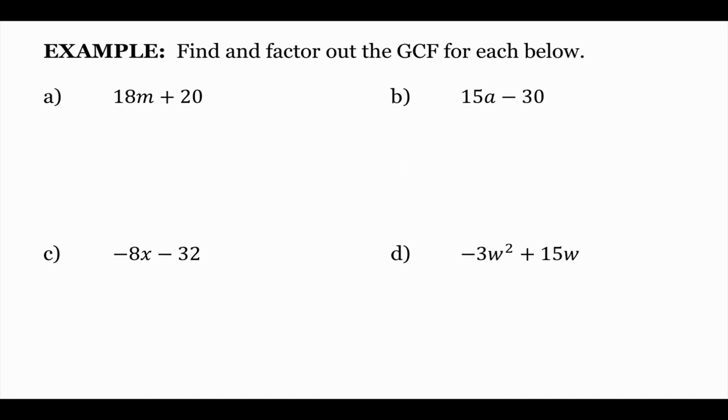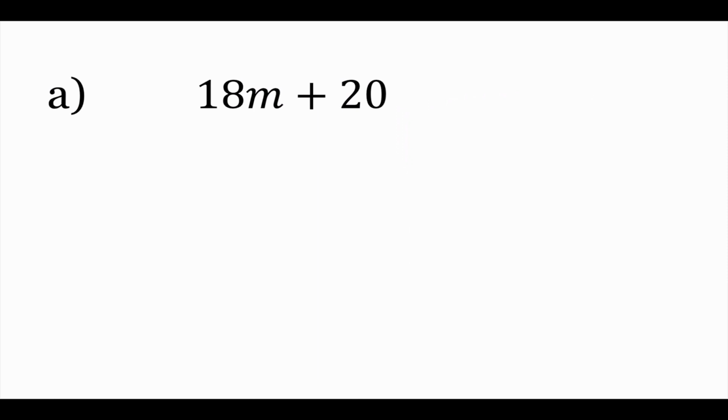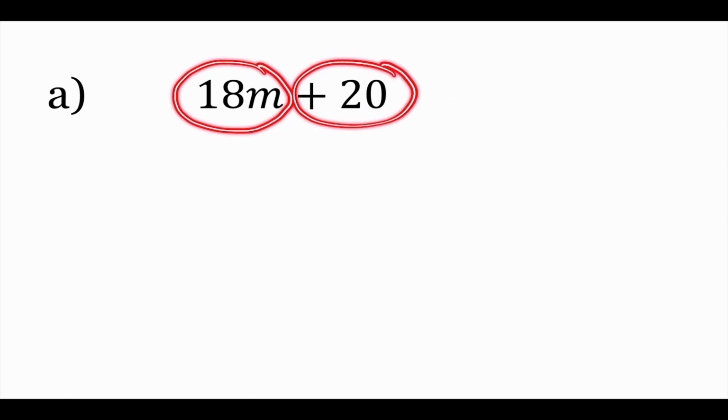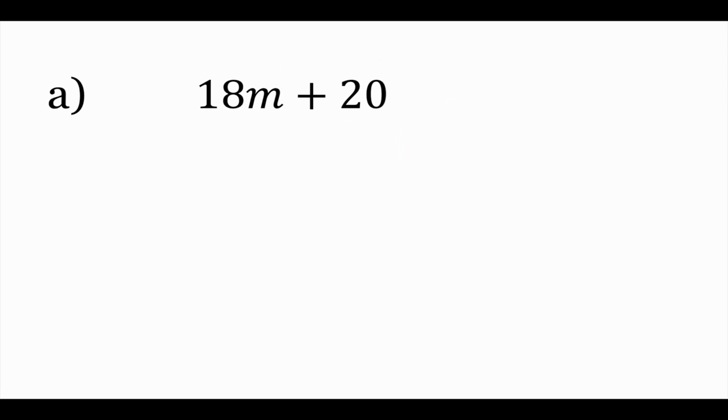So if I look at A, what would the GCF be for these two guys here? I have an 18M and I have a positive 20M. So what is the biggest number, letter, thing that goes into both evenly?